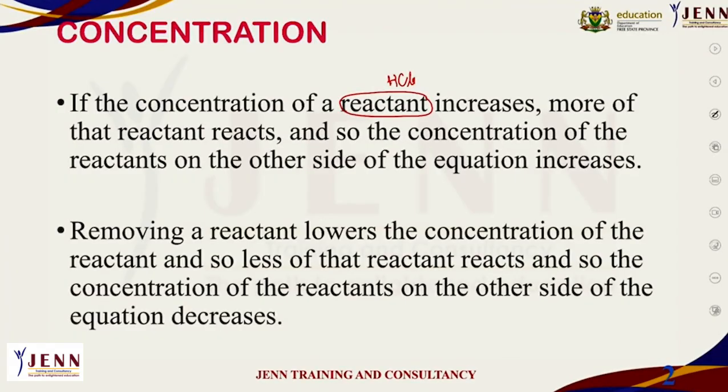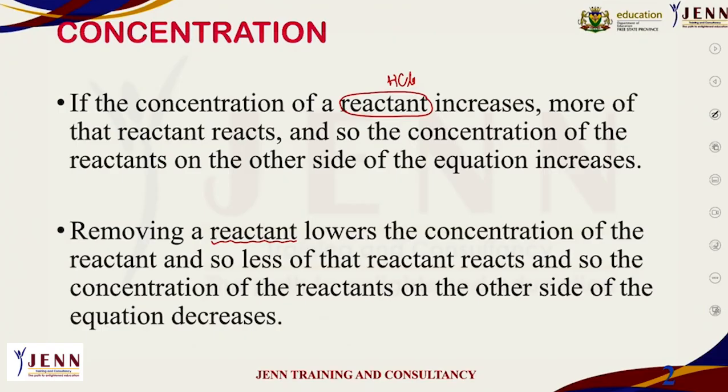That's not the problem. The other one is if I remove a reactant. And again, the word reactant there, you must put something in there. You can't just write reactant. If I take out a reactant on the left-hand side, that means I'm lowering the concentration. Then I have to shift the equilibrium to the side where I put something back again.